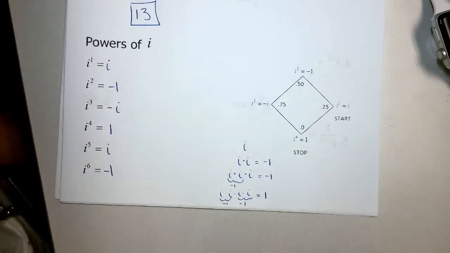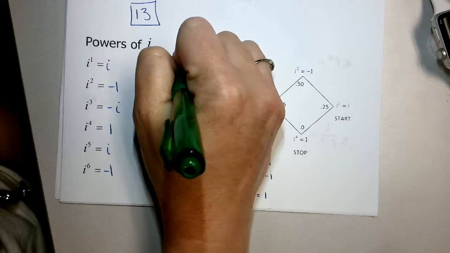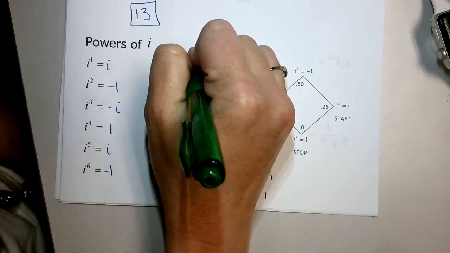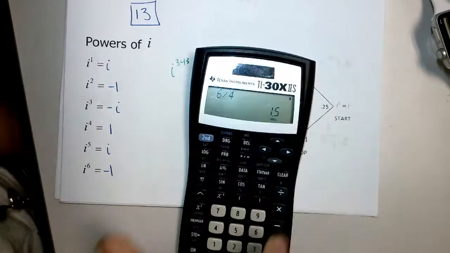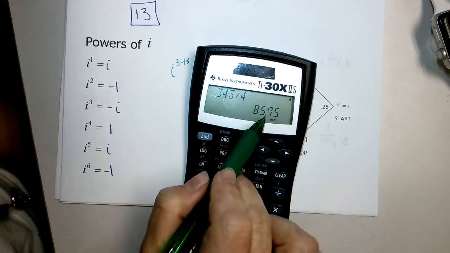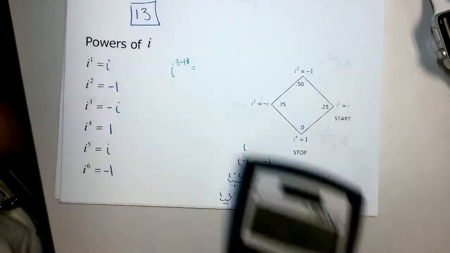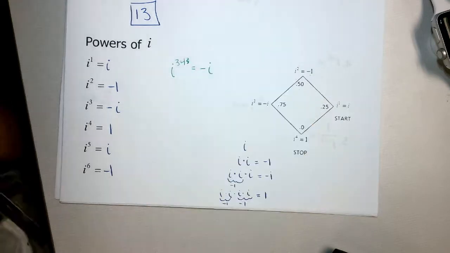So let me give you an example even harder. What about I to the 343rd power? Well, we're going to take our power, 343 divided by 4, and it gives me 0.75. So what's my answer? Negative I. So I'm going to do another one.